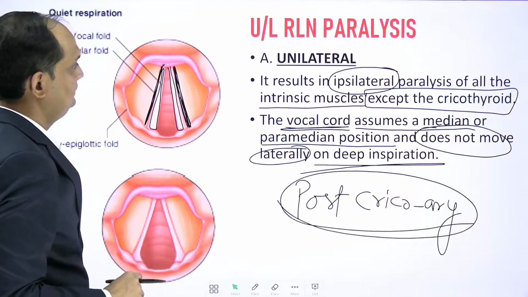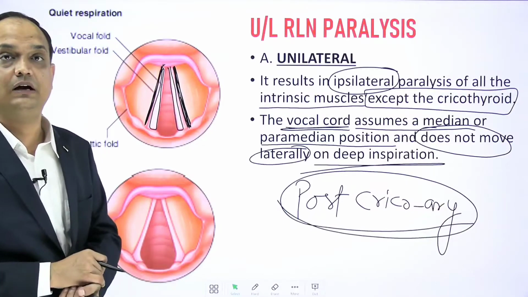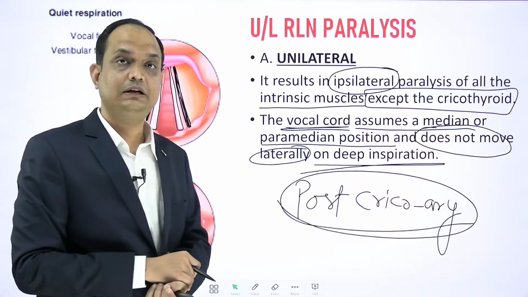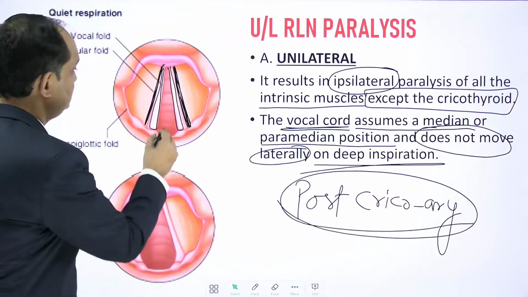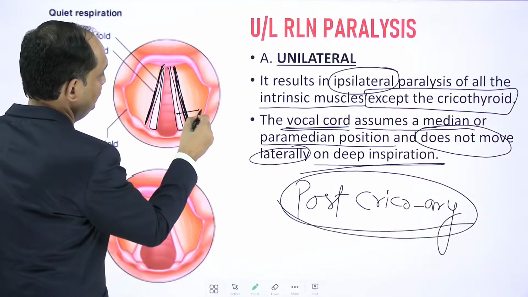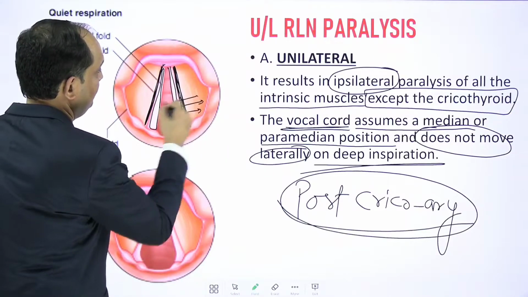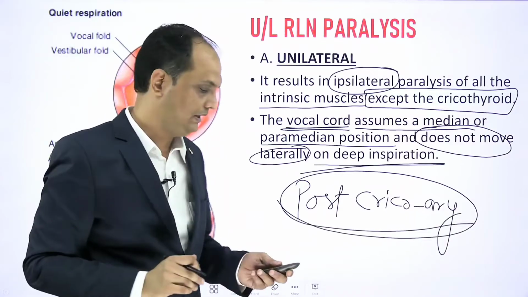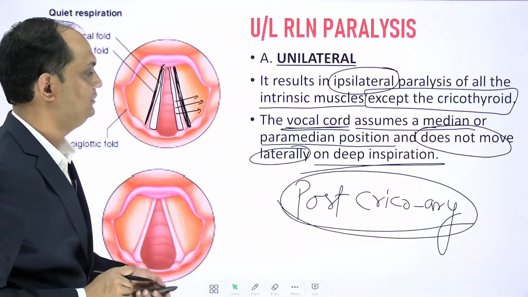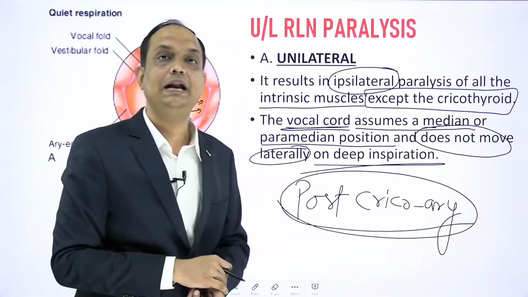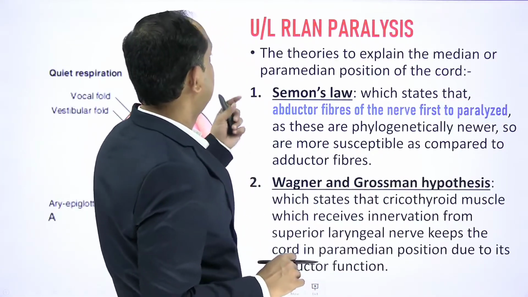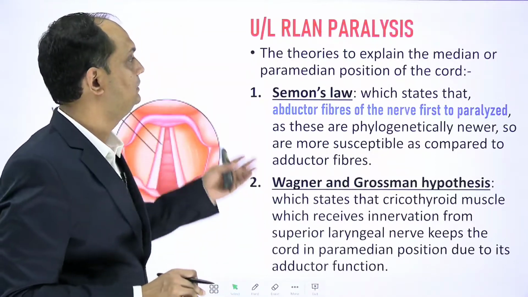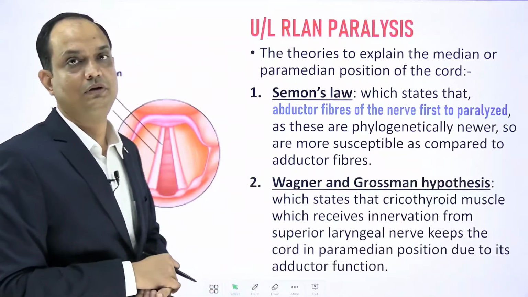Now what will happen once the paralysis occurs, when there is a unilateral palsy of the recurrent laryngeal nerve? This vocal cord is not moving laterally. Why not moving laterally? Because the abductors are not working, and there is a single abductor, that is the posterior cricoarytenoid muscle. So there are two theories given about the paramedian position of the cord.